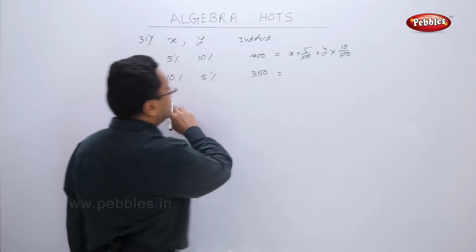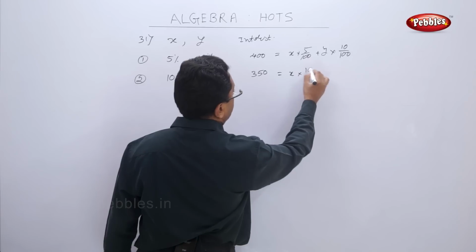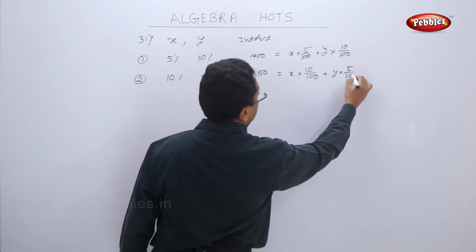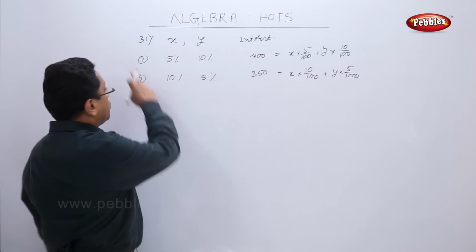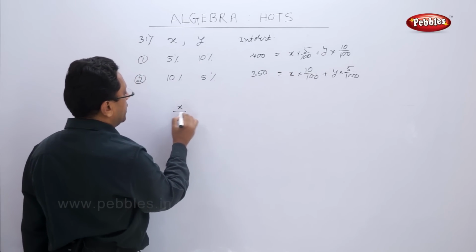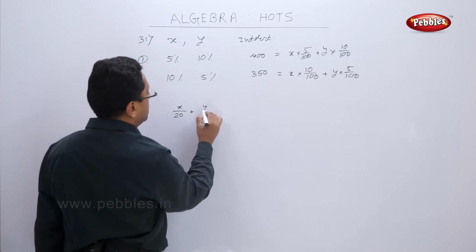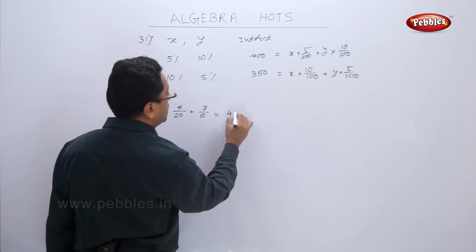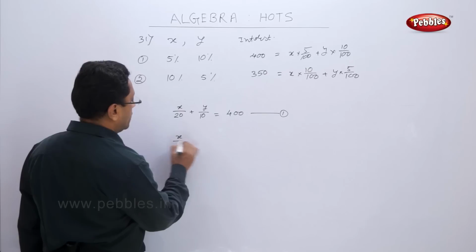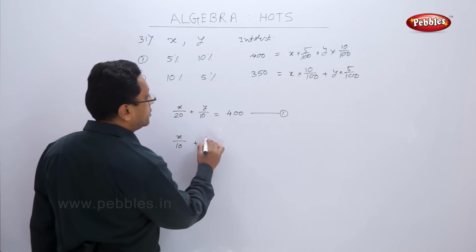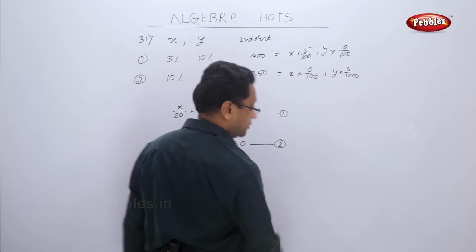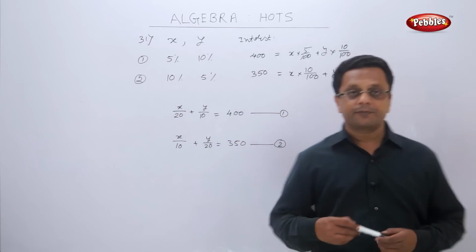And secondly, he will get x into 10 upon 100 plus y into 5 upon 100. So what two equations did we get? 5 upon 100 is x upon 20 plus y upon 10 is equal to 400. This is the first equation we got. And x upon 10 plus y upon 20 is equal to 350 is the second equation we got.